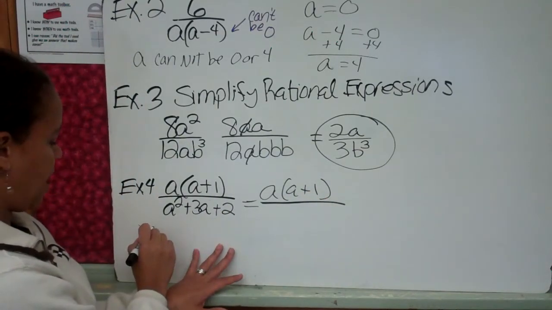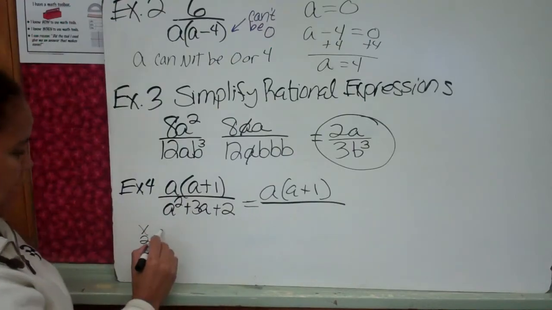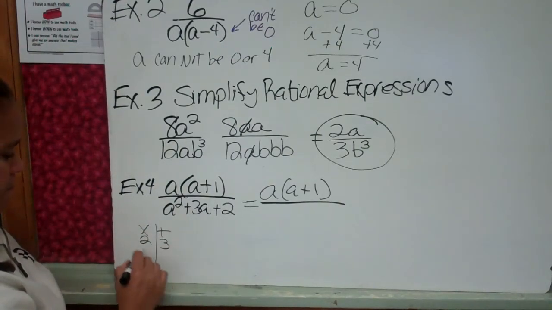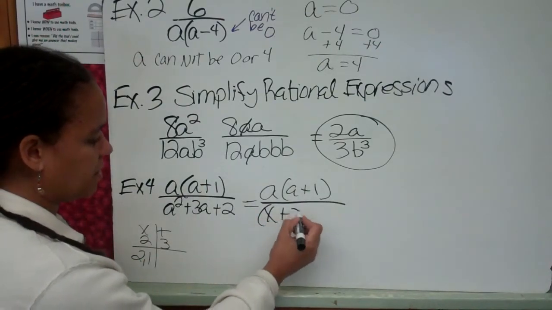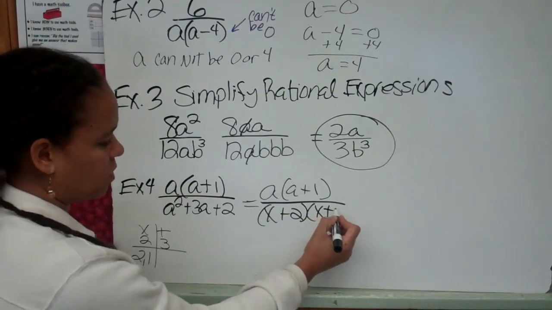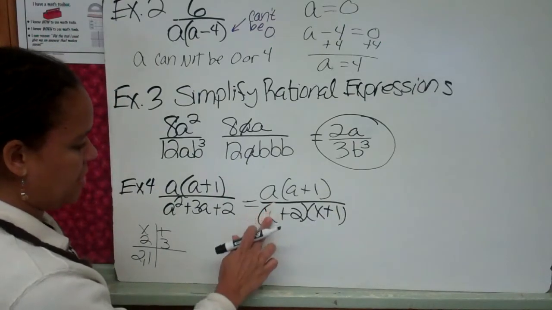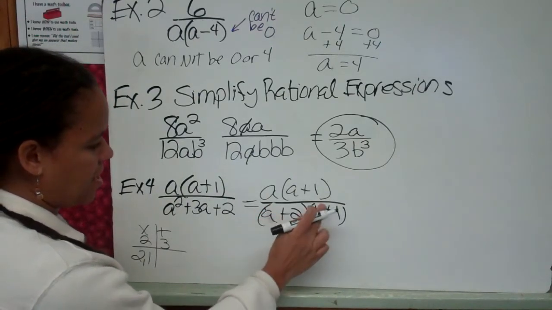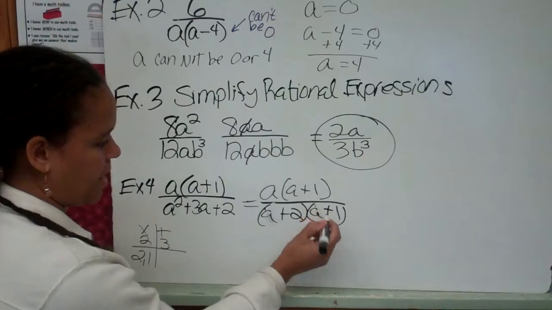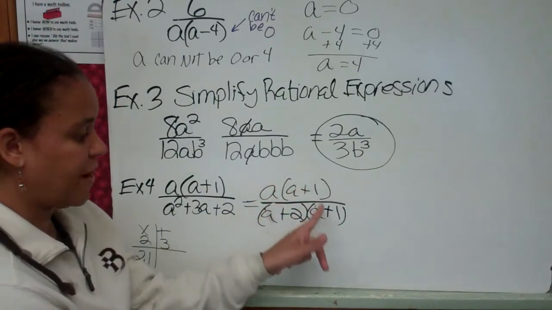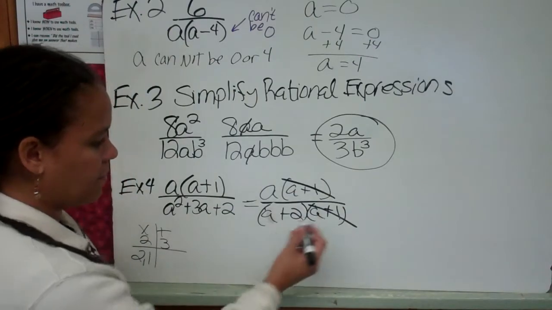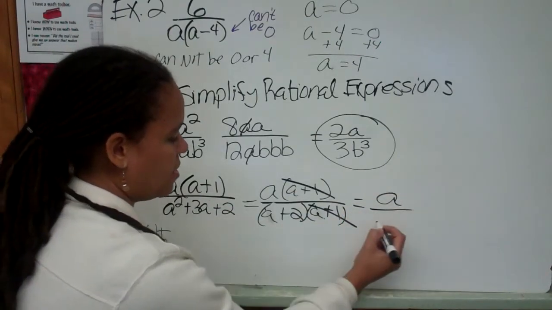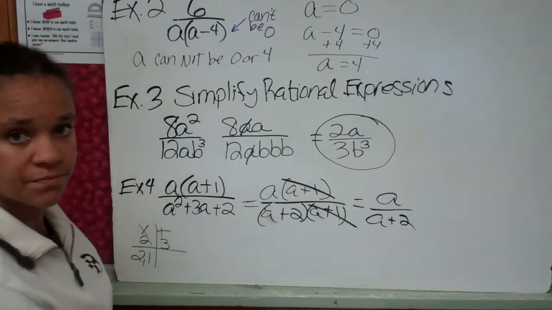Remember what multiplies to 2 and adds to 3? That's going to be 2 and 1. So this factors into a plus 2, a plus 1. Oh, those are supposed to be a's, my bad. Now let's see what factors we have in common. They have to be exactly the same. A plus 1 cancel out. So my final answer, a over a plus 2.